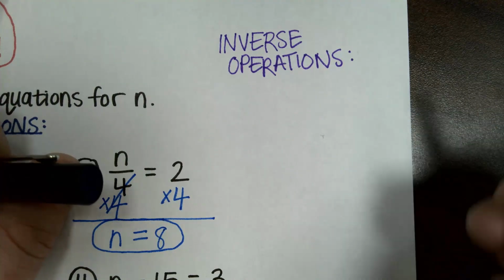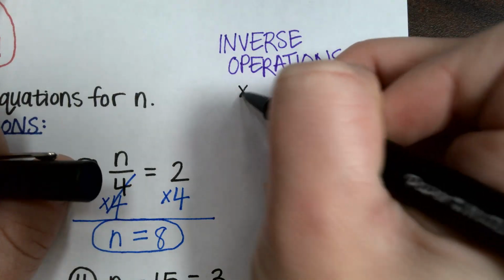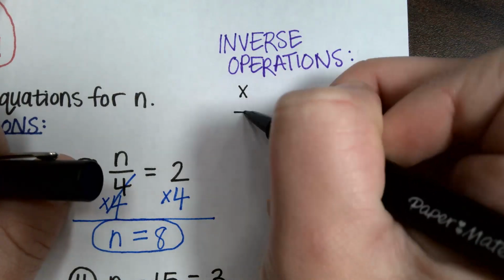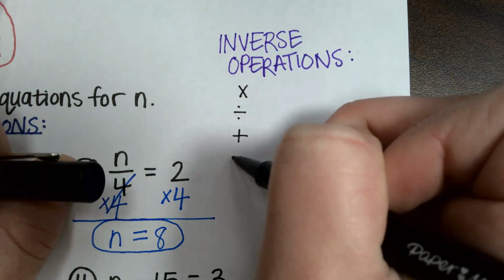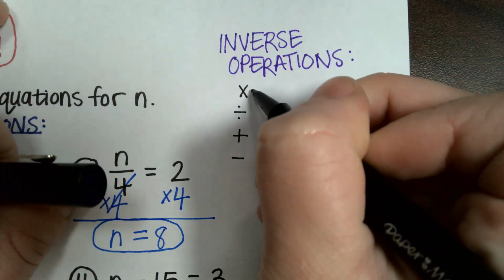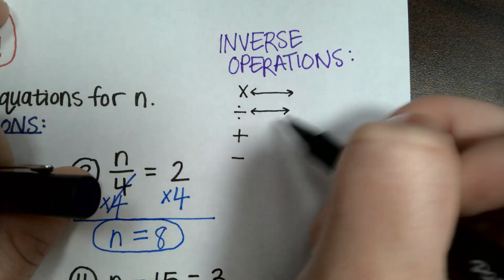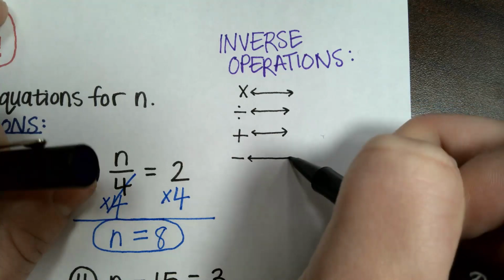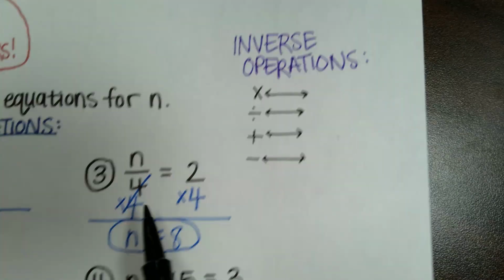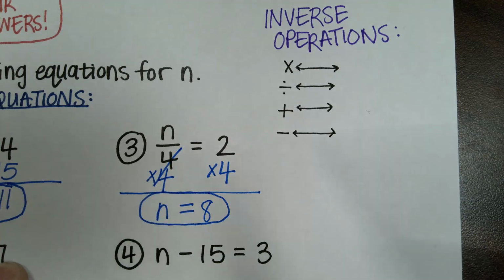Let's talk about multiplication and division. So, multiplication, division, and I'll write the addition and subtraction. And I'm going to draw little arrows to show what the opposite of each one is. Because remember, anytime we're trying to get rid of something, like how we had n divided by 4, we did the opposite and multiplied to get rid of it.